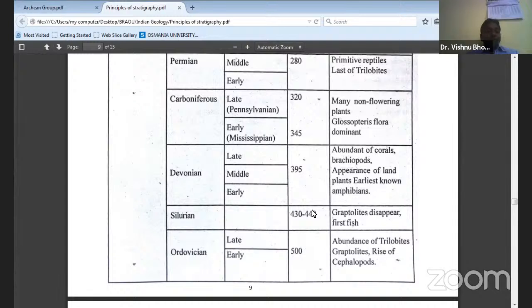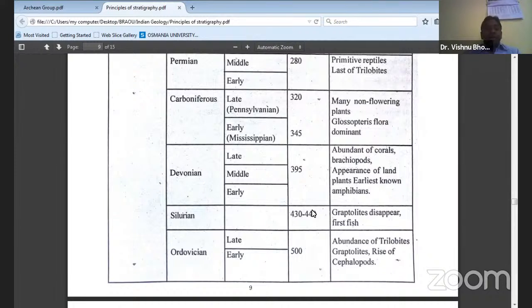The age is about 395 million years, and here there is an abundance of corals and brachiopods, and the appearance of land plants. Here the plants were slowly developing, and here we can also identify the amphibians.